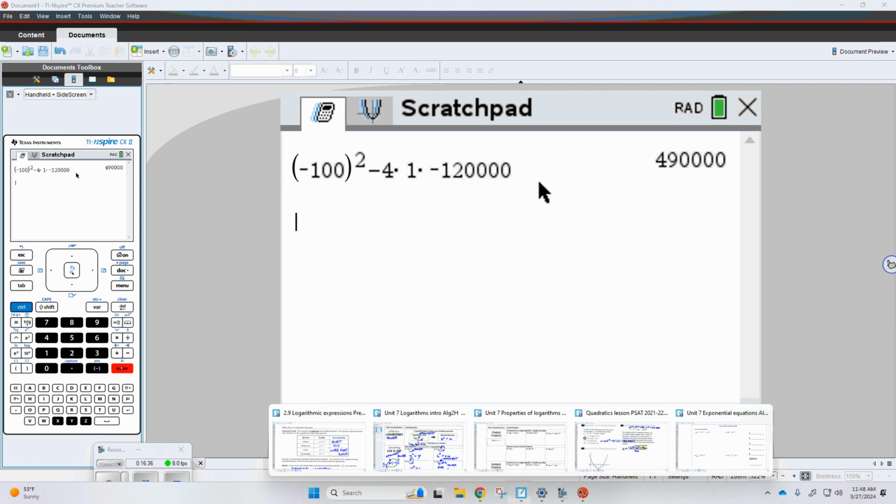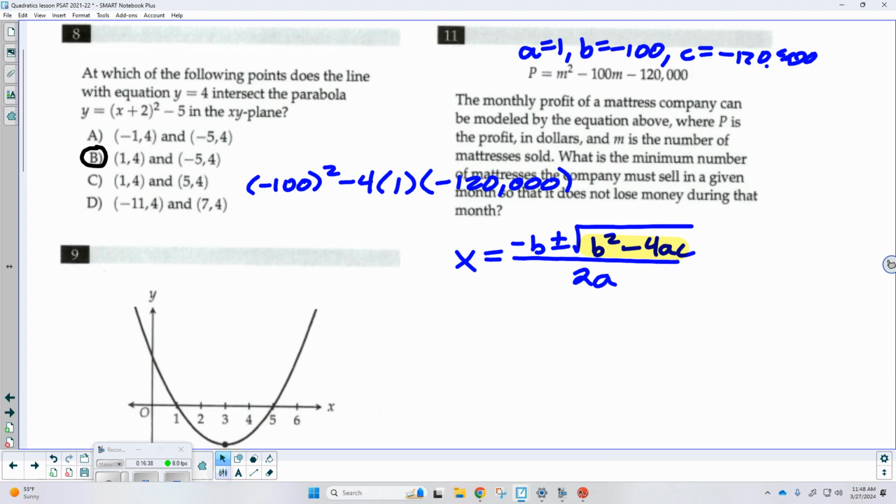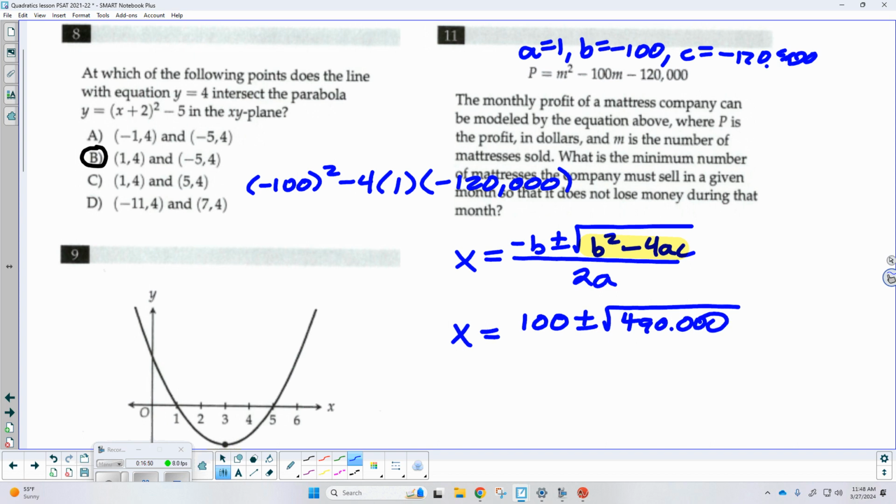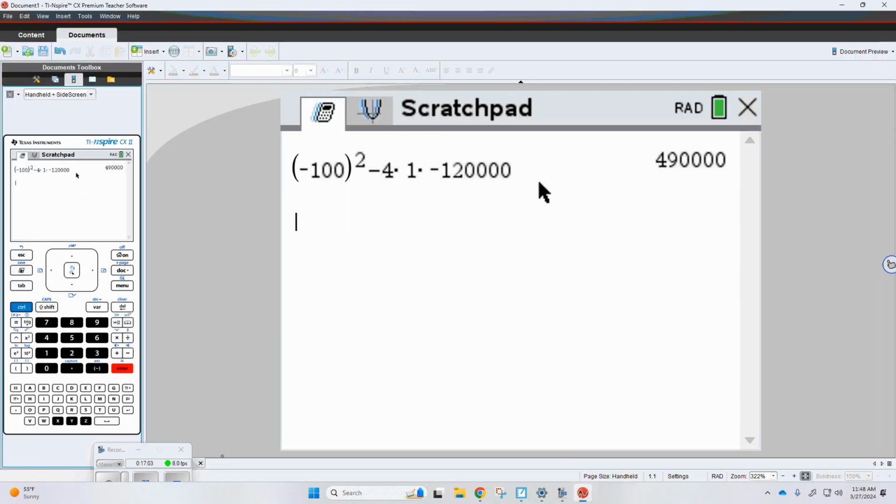Let me come on back over here. Okay. We now have x equals the opposite of b, 100, plus or minus the square root of 490,000, and we're all going to divide this by 2 times 1, so just 2. All right, so let's see what we end up with. I need to know the square root of 490,000.